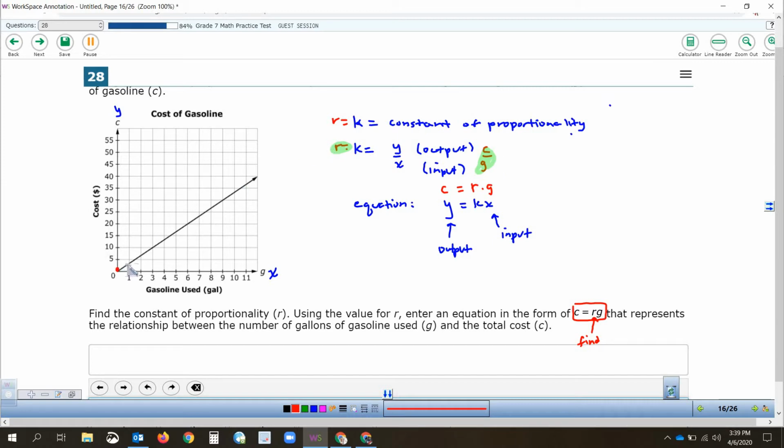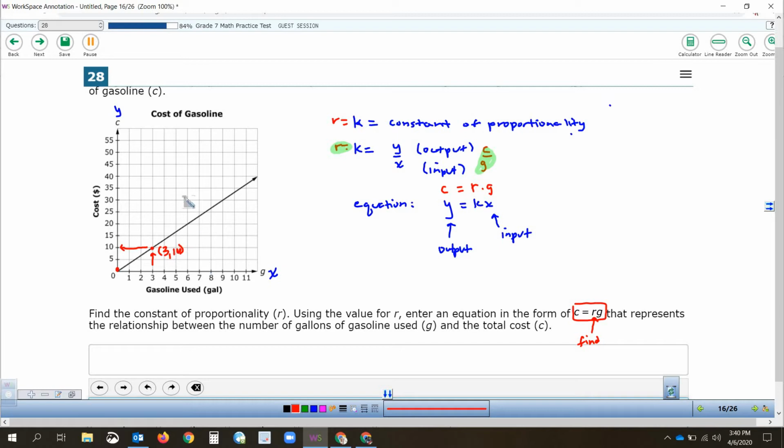Now, as I'm moving along this line, I'm not sure what the values are for C and G here, but when I get right here, it looks like I found a point that's both on the line and on the grid. And remember, the X value comes first, so the X in this case is G, the number of gallons used. Right here it is 3. It goes up from 3, and then it goes over to 10.